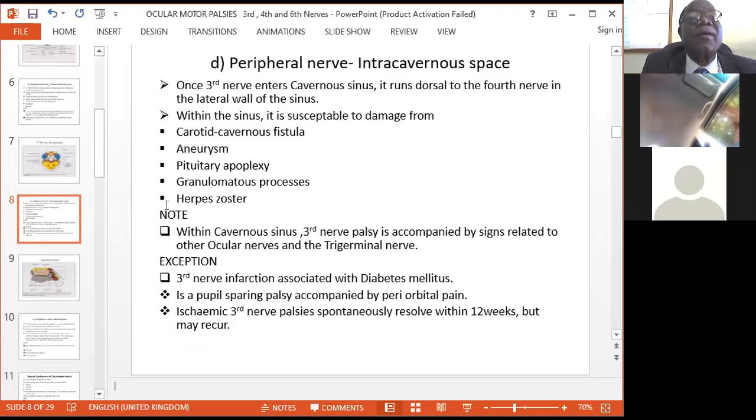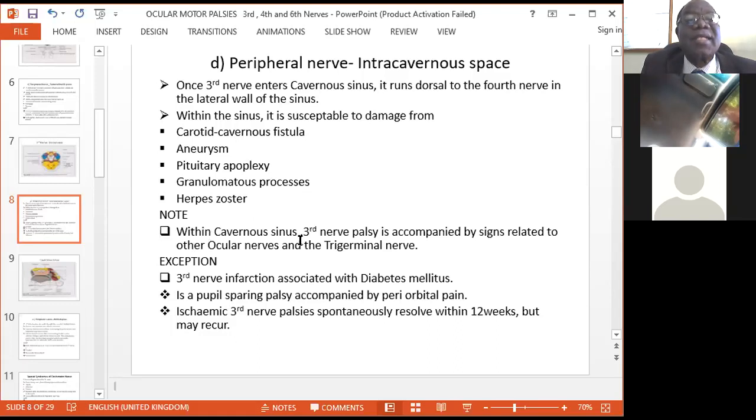So these are within the sinus, susceptible to damage from these features: carotid cavernous fistula, aneurysm, pituitary apoplex, granulomatous process. Granulomatous, these are tumor cells which are there, if they are there. Herpes zoster at this level can also cause that.